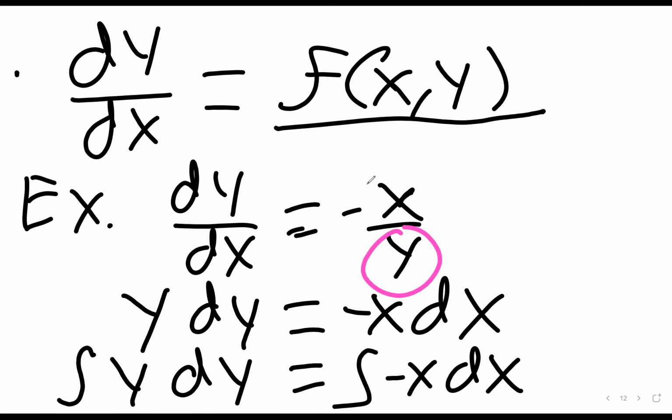This is the concept of differential. And then after writing the equation with the y variable only on the left-hand side and the x variable on the right-hand side, we may take the antiderivative of each expression: antiderivative of y, antiderivative of minus x.